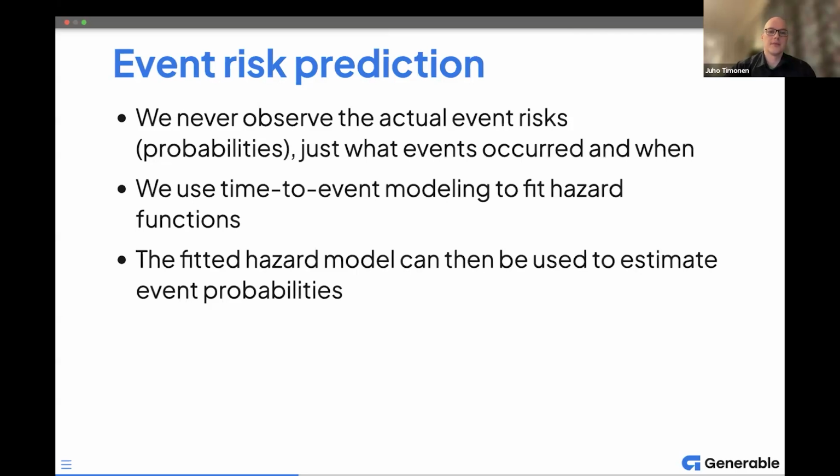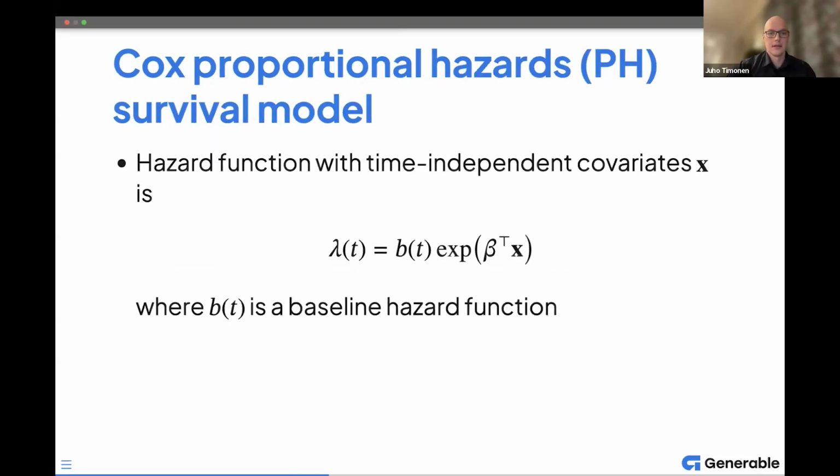We would fit a time-to-event model to estimate the probabilities of different events. This is in the package that we're going to present. It's based on the proportional hazard assumption. In a single transition model, the basic Cox-PH model, we would have this hazard function.